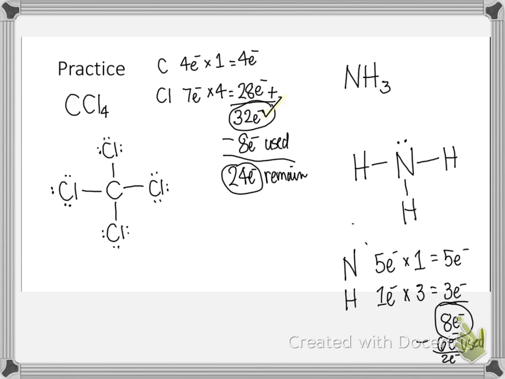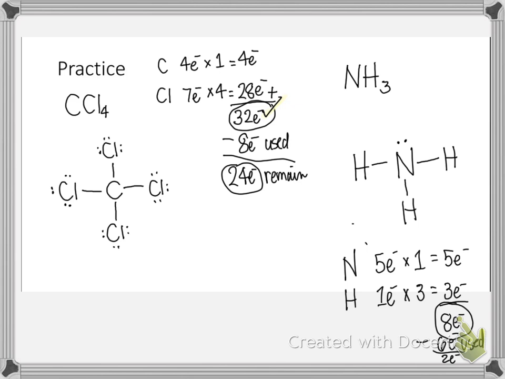So after you do the outside, any remaining pairs will go onto the center. If everything on the periphery is satisfied, and you have anything left over, you just put it onto the center. Then always double check, even though this is a simple one, and make sure you used your total.